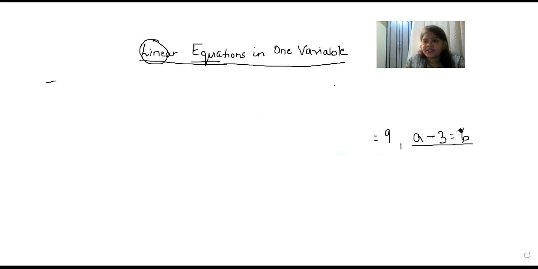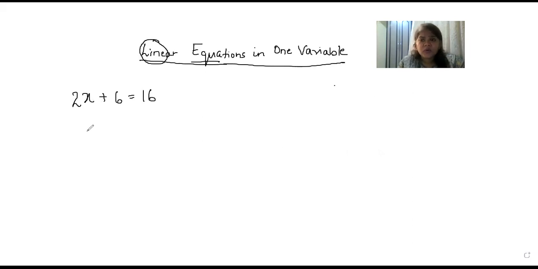No, because x has the power 3. Okay, now let's go solving the linear equation. Let's take an equation 2x plus 6 equals 16.